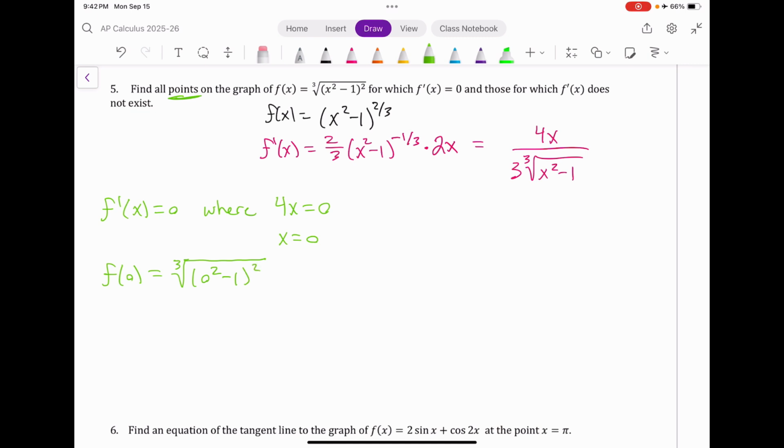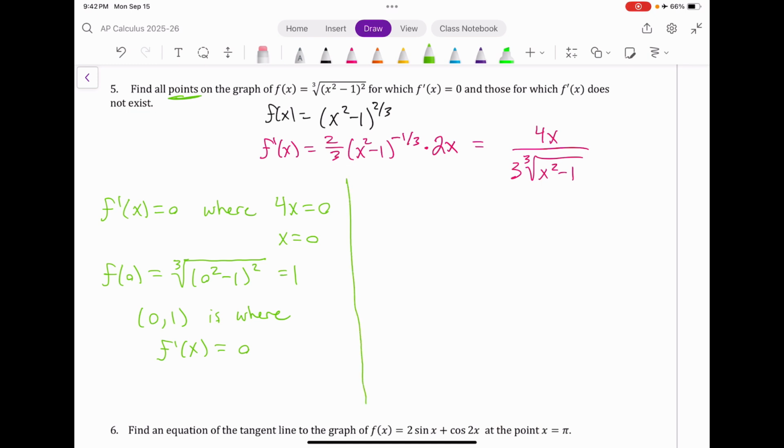Okay, so this ends up being 1. So (0, 1) is where the derivative equals 0.